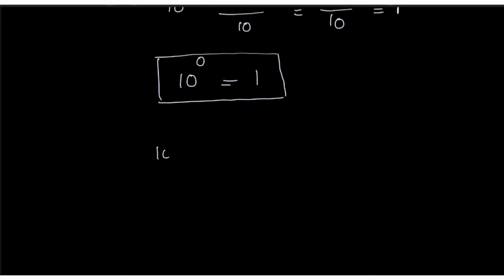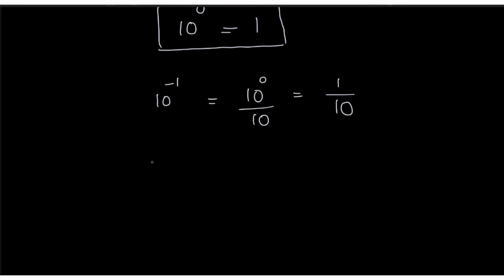Next, if the exponent is a negative number, what is it? Just to the left of 0 is negative 1. So we can write 10 raised to negative 1 as 10 raised to 0 divided by 10. This is equal to 1 by 10. From this it is proved that a negative exponent means we write the 10 in the denominator. So again, 10 raised to minus 2 is nothing but 1 by 10 divided by 10 again.